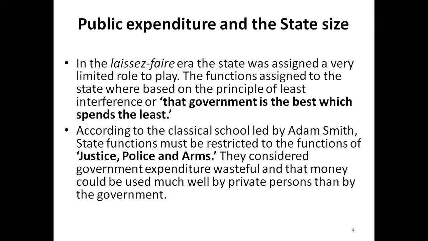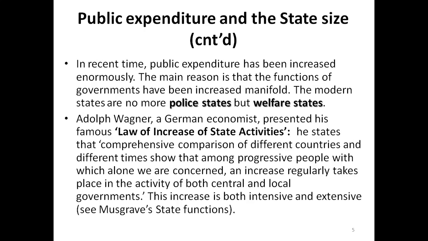So according to this classical school led by Adam Smith, the functions must be restricted to functions like justice, police, and army. This man considered that government expenditure was wasteful, and that money could be used much better by private persons than by the government.